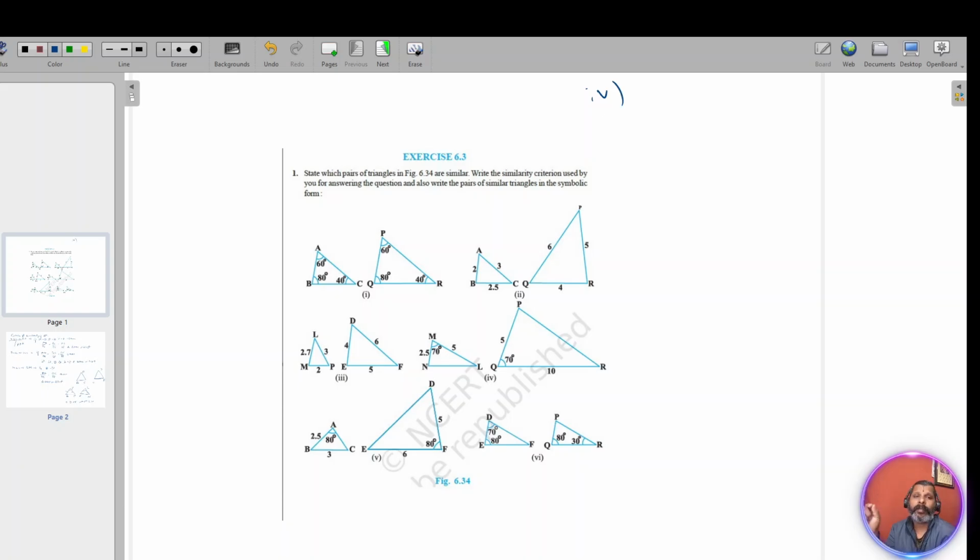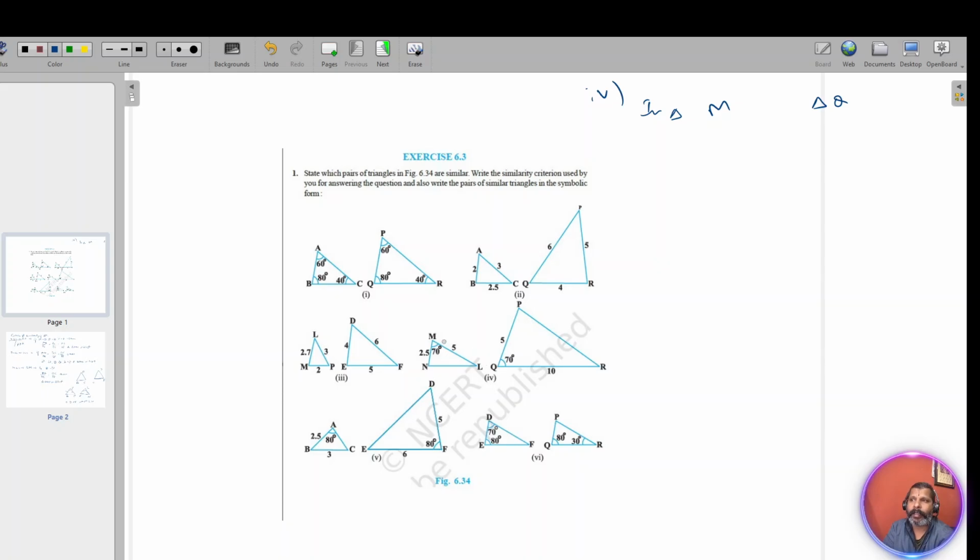Okay, I'll explain here also the corresponding letters for identifying similarity. See, M is 70, Q is 70 here, so M and Q should be corresponding. Just follow me. If I write in triangle Q, M and Q are 70. If I move from M to L, ML is 5, also LM is 5.